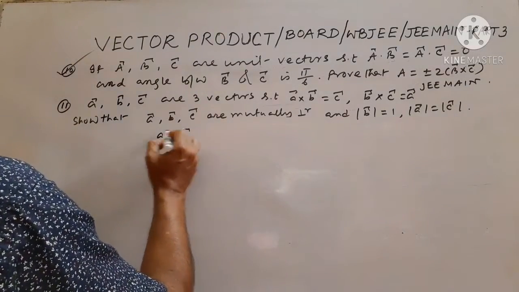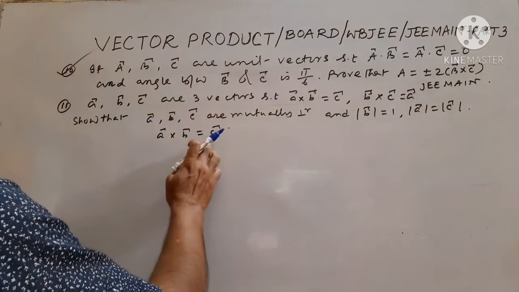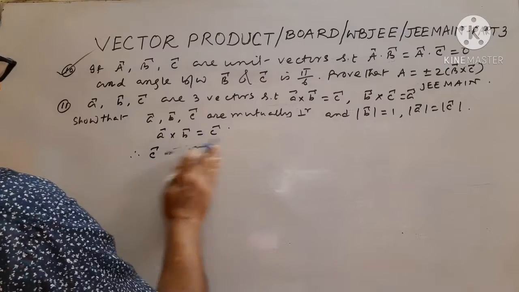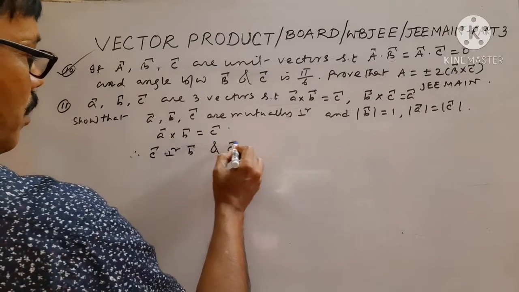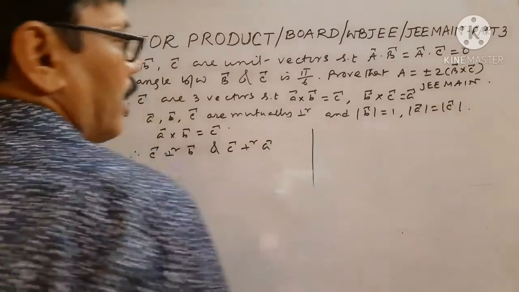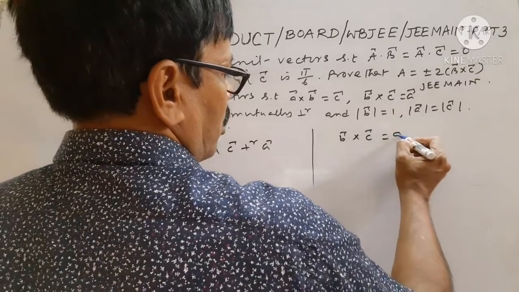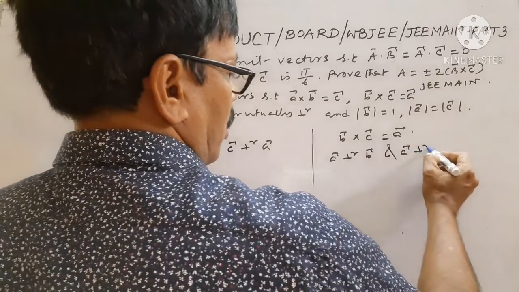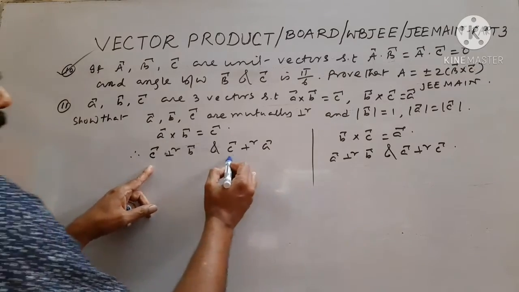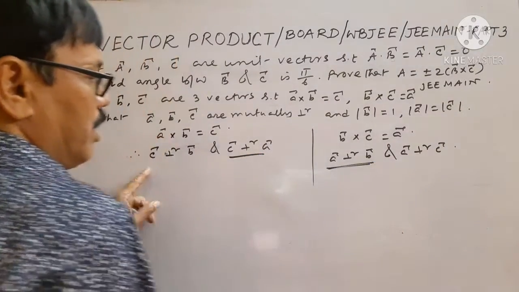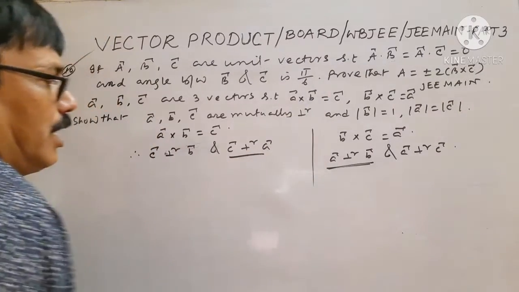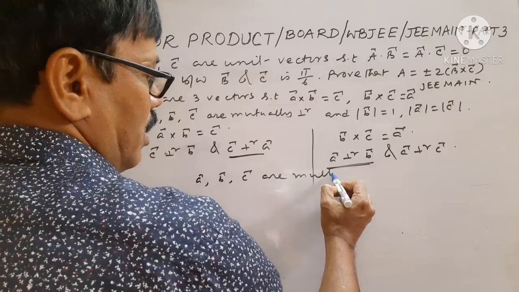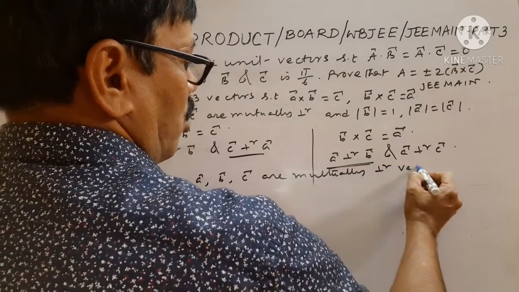So A cross B equals C. So C is perpendicular to both A and B. Therefore C is perpendicular to B, and C is perpendicular to A. This is B cross C equals the vector A. So A is perpendicular to B and A is perpendicular to C. Here A is perpendicular to C, here A is perpendicular to B. So A is perpendicular to B and C. So we can say A, B, C are mutually perpendicular vectors.